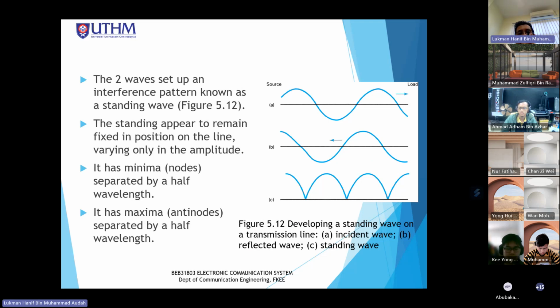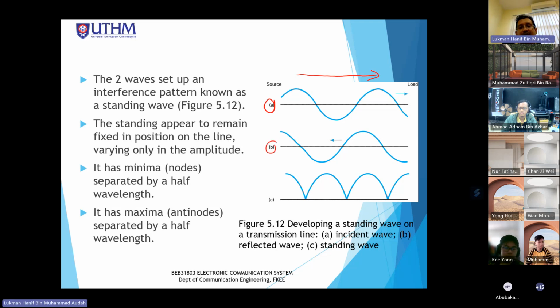So in order to understand the standing wave, we should look at these three graphs over here. The first one, picture A, shows the incident wave, the wave that travels from source to the load. This is the incident wave.